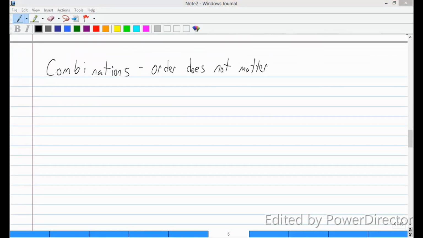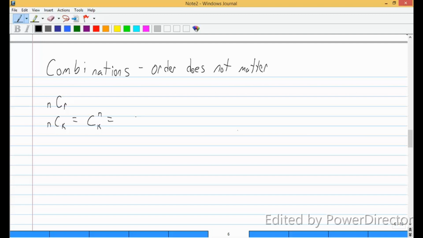Now the formula for combinations, the way that I usually see this written is nCr, and that's the way that the Texas Instruments calculators have it. But you can have nCk. It means the same thing. Or your book writes your C with the k at the bottom and the n at the top.